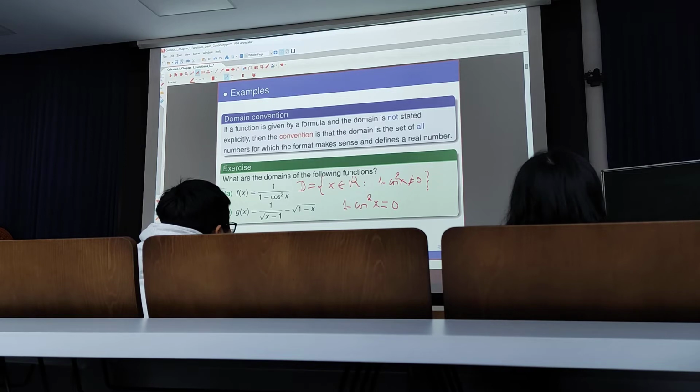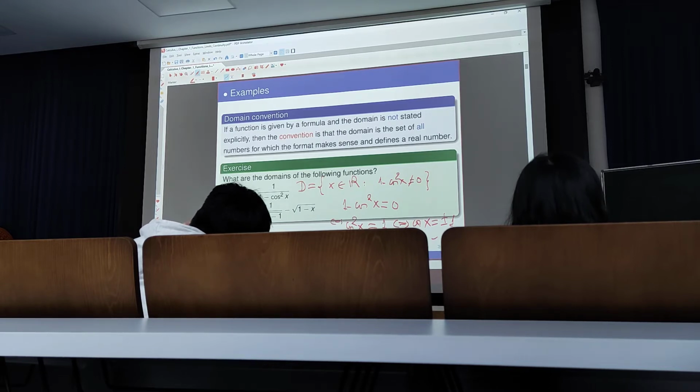So, one thing is you have cosine square of x is 1, and then cosine x is plus or minus 1. Okay? And you work on each case, which means that you have to do it twice. First, to find x for cosine x is 1, and then cosine x is negative 1. And you remove all these points. You get the domain.